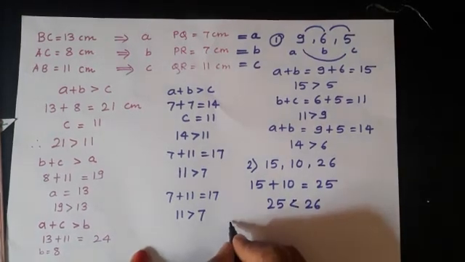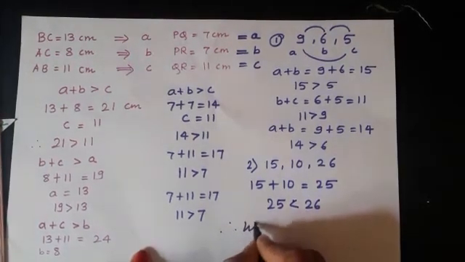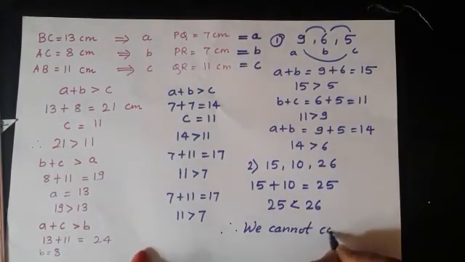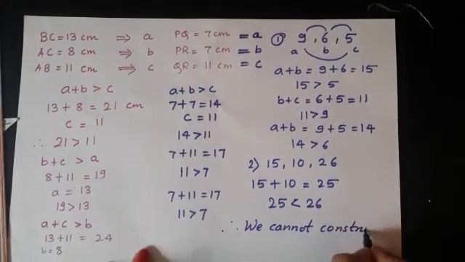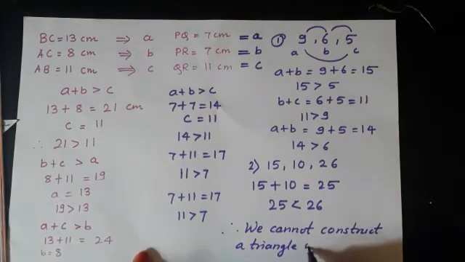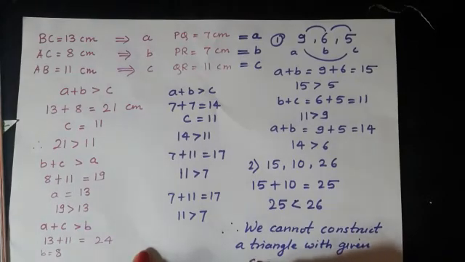So we can write, therefore, we cannot construct a triangle with the given sides.